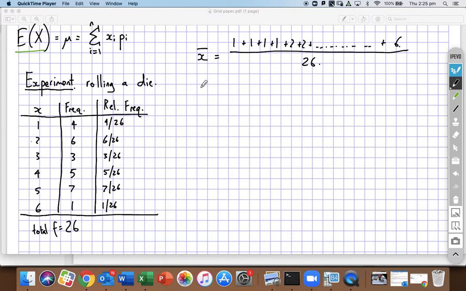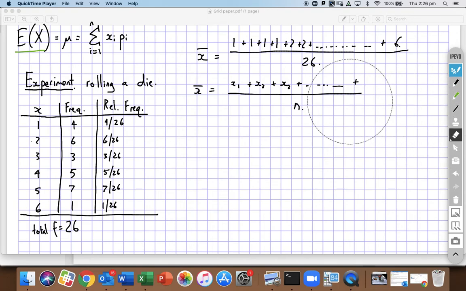So to show this using symbols, I could say, well, I've done the first value plus the second value plus the third value plus all the way up to the nth value, and I've divided by n. So n is what it's out of. N is the total frequency. N is the total number of numbers, or the number of experiments that I've done.